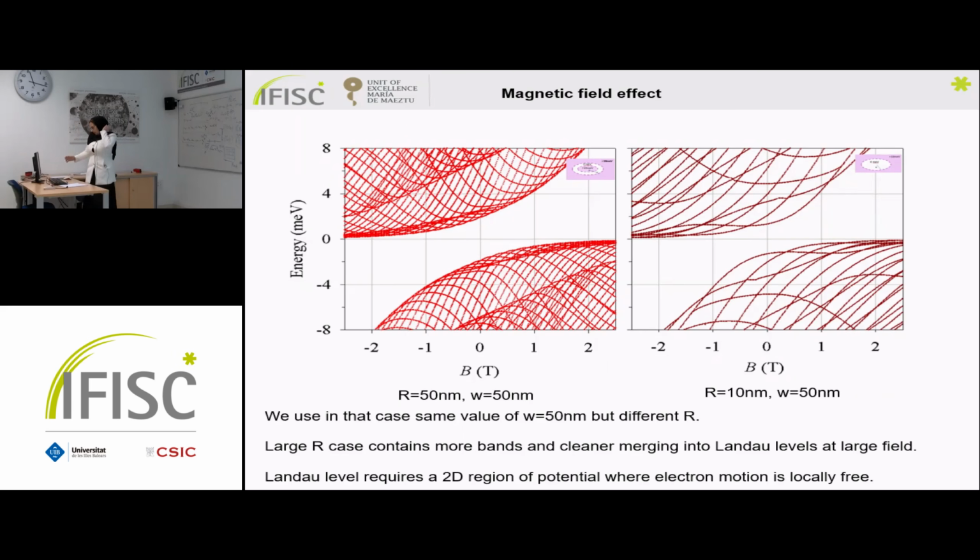And why we get this condition? Because Landau levels require a 2D region of potentials, where the electron's motion is locally free. Also, when the magnetic field is increased to very large Tesla, we get a very large gap that opens here.